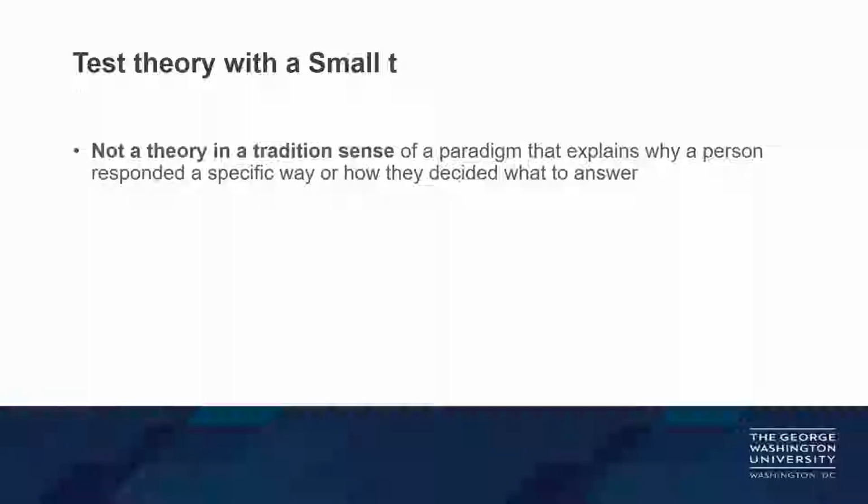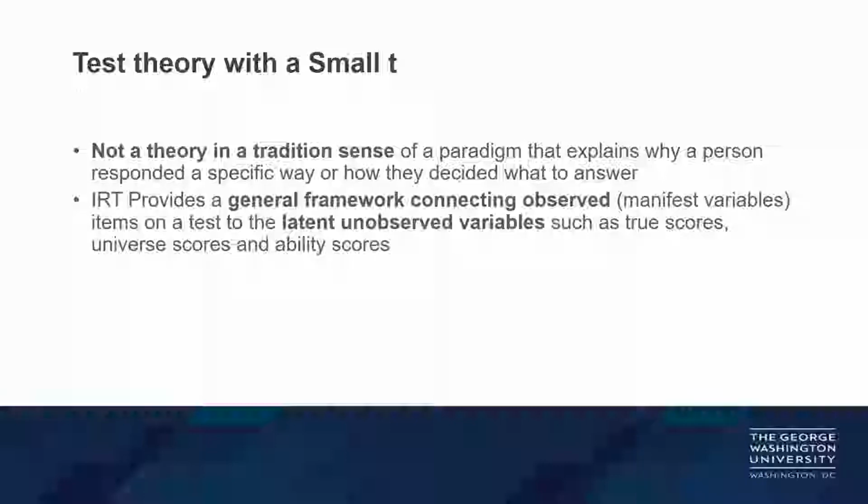When we are talking about the theory in item response theory, we mean this in a non-traditional sense. That is, it's not a paradigm that explains why a person responds a specific way or how they decide to respond, but it's a general framework for connecting observed variables to latent variables.